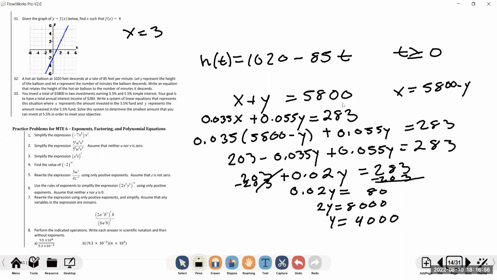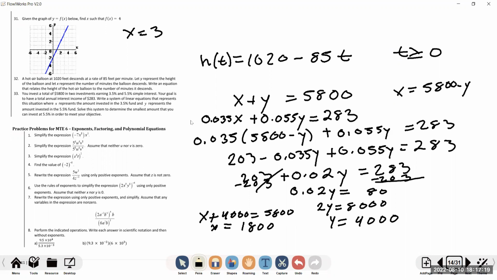I'm going to go for the easier one up here and say if X plus 4,000 is equal to 5,800, then X has to be 1,800. We know that that satisfies the first equation, that the two add together to be 5,800.